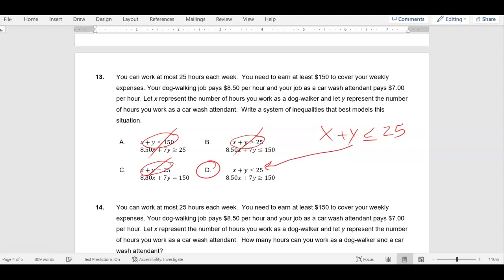And then with the money, 8.50 for x, 7 for y, you want to make at least 150. So 8.5x plus 7y. At least means greater than or equal to 150. And that's what we got here.